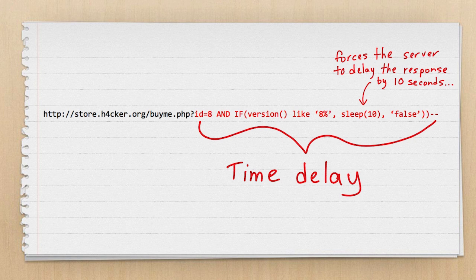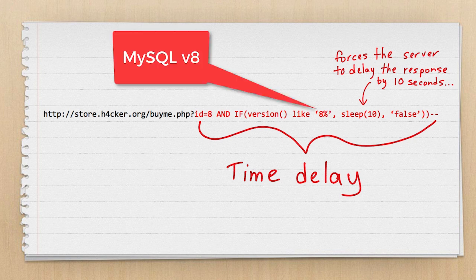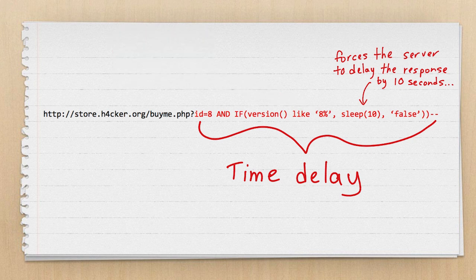So here is an example: store.hacker.org, byme.php, ID equals 8, and then I'm doing AND IF(version, and of course the version function is like 8, in this case a MySQL 8 server, then I'm going to sleep for 10 seconds, and then I follow that with false.